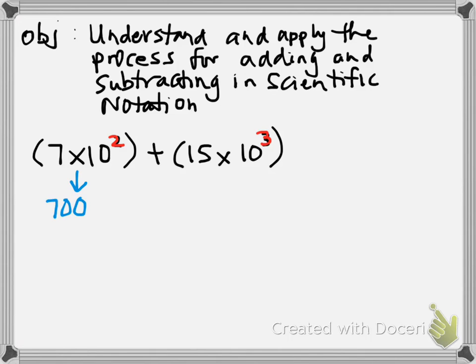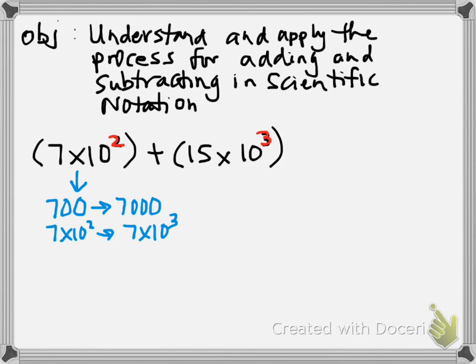So I need to figure out how I can get this to become this. If I'm taking 7 times 10 squared, and I want to make it 7 times 10 cubed, 7 times 10 cubed can't equal 7 times 10 squared.